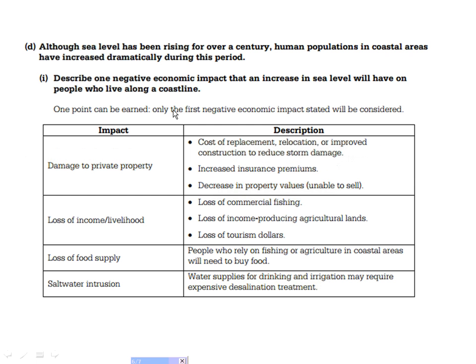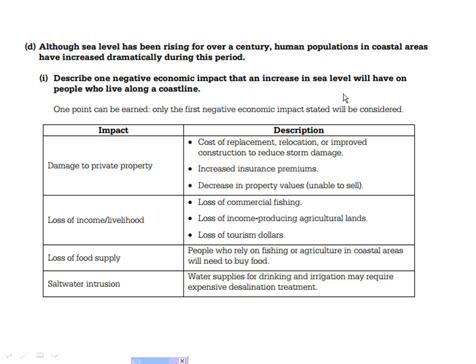Okay, for letter D, it says although sea level has been rising for over a century, human populations in coastal areas have increased dramatically during this period. So we're still moving to those coastal areas. Describe one negative economic impact that an increase in sea level will have on people who live along coastlines.